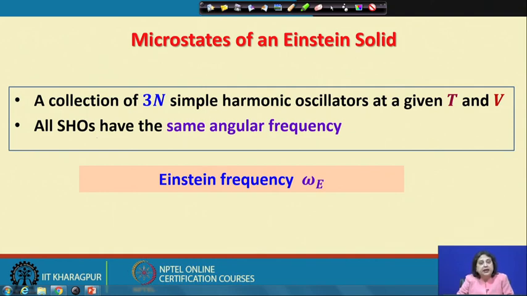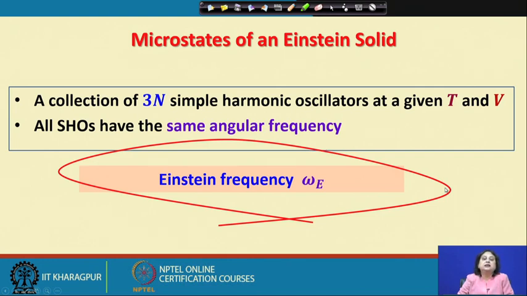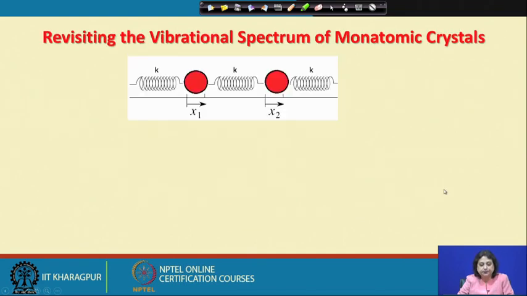So, in the first part of my lecture today, we will still assume that yes, the vibrational pattern of the solid can indeed be represented by a collection of 3n independent simple harmonic oscillators. I will take up this problem in the second half, but let us first try and look at the problem with the basic assumption that all the simple harmonic oscillators have the same frequency, which is the Einstein frequency.